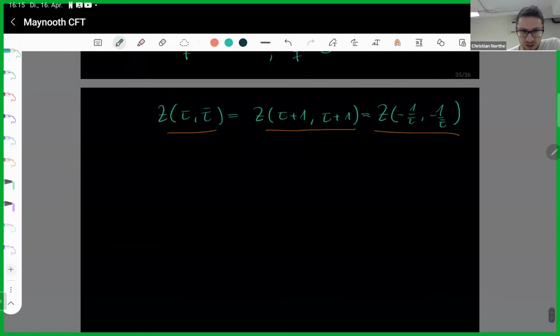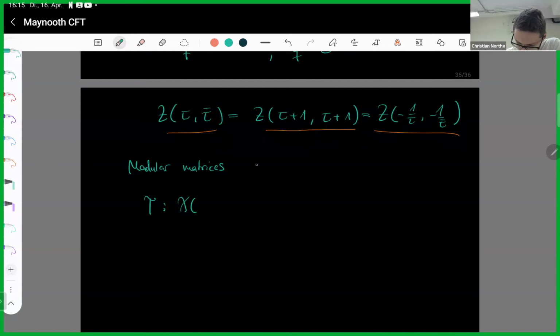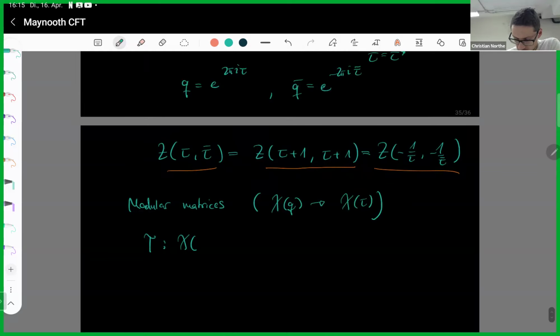That's discussed in detail in the notes, but what you do is there are so-called modular matrices. The first one takes chi of q, and I'm going to write chi of tau instead. It's really just as simple as up here. There's no magic.